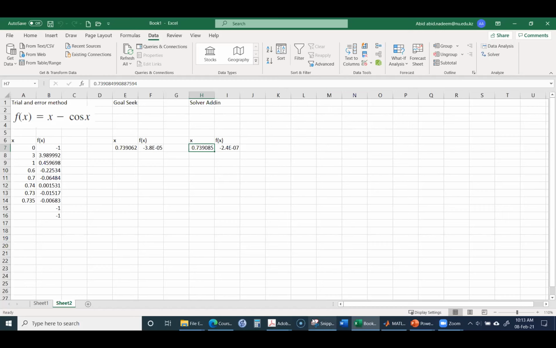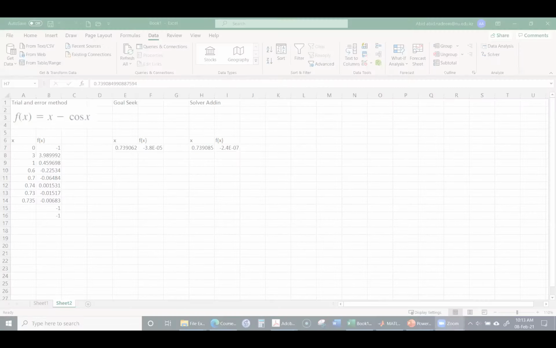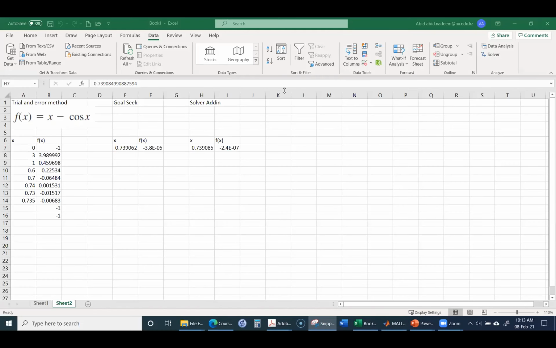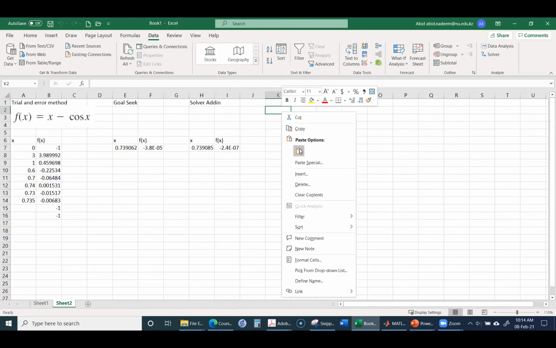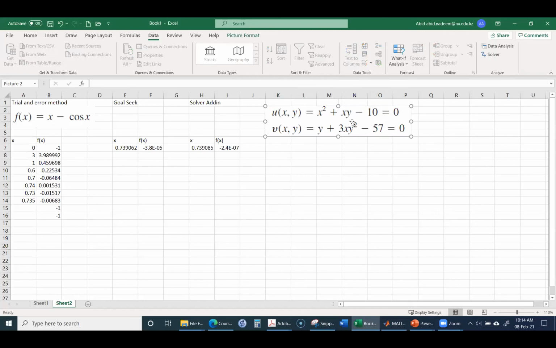Another example with solver can also be useful, because solver is a more sophisticated function. We can use a more sophisticated example, like the solution of a nonlinear system of equations. Instead of one equation, we can use two equations, such as in this case, a system of two equations.